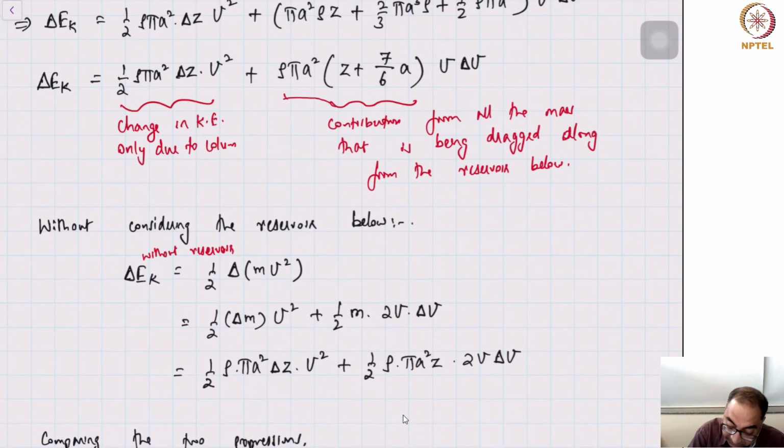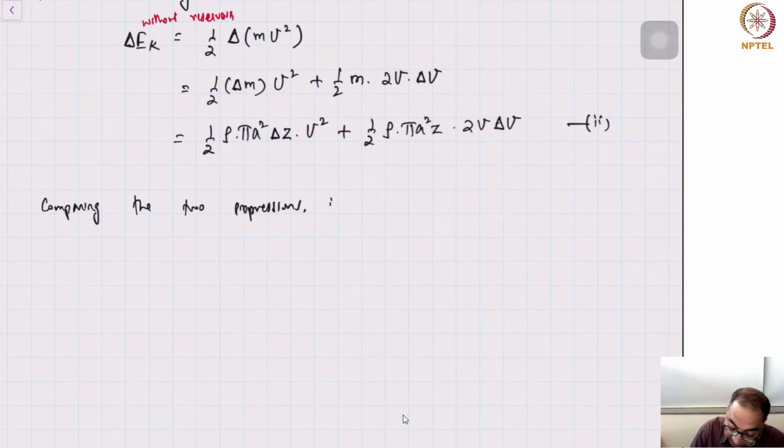so I'm comparing expression 1 and expression 2. So that is 1 and 2.